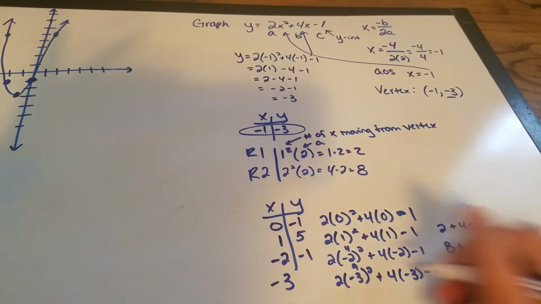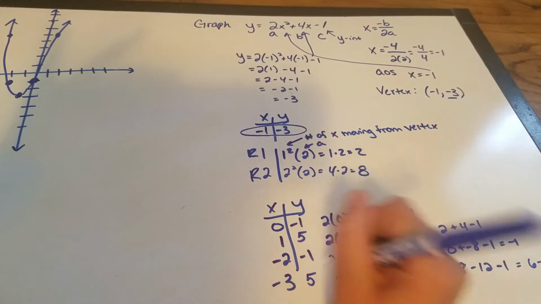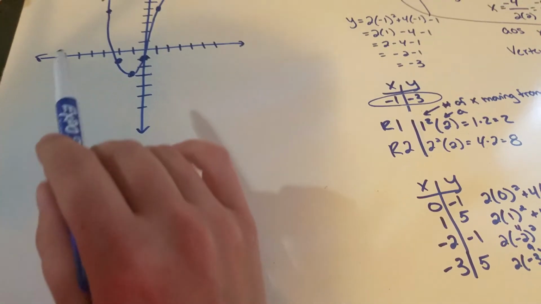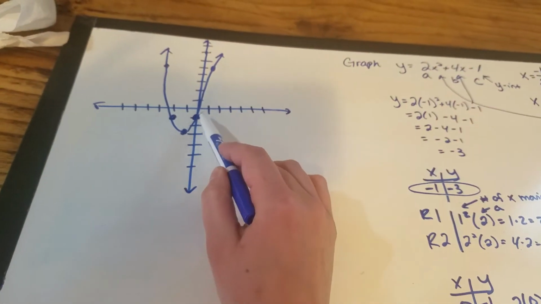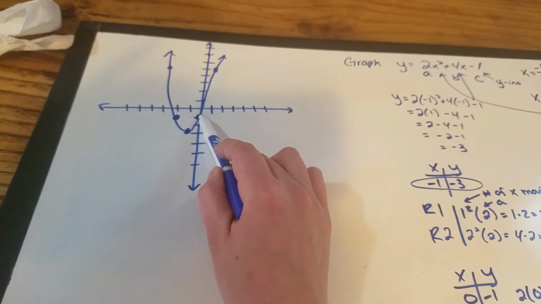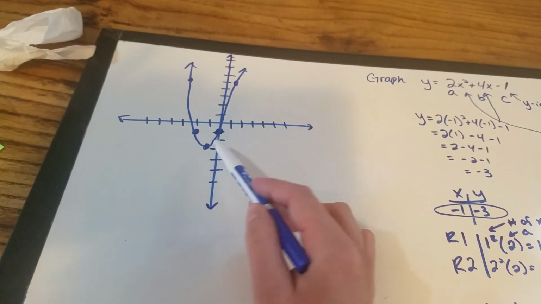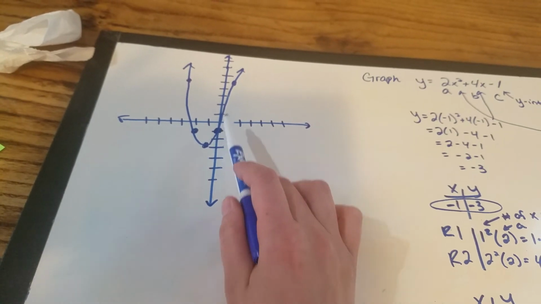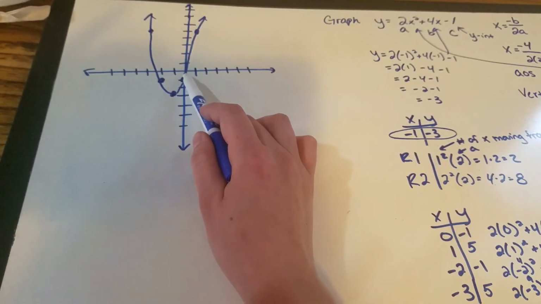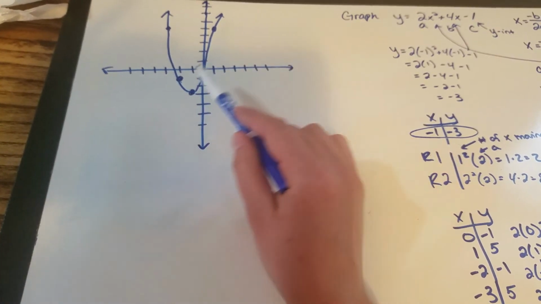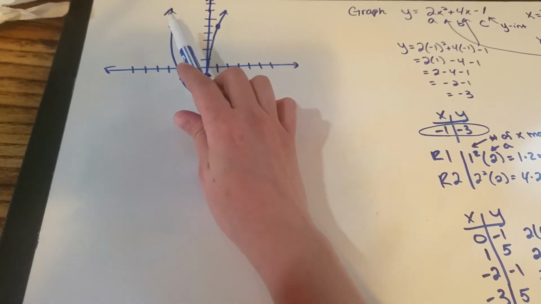And 6 minus 1 gives us our 5. Okay, so if we look at our chart, we should have 0, -1, which we do. We have 1, 5, 1, 2, 3, 4, 5. We have -2, -1, so we'd have 1, 2 over, down 1. And we have -3, 5 as well.